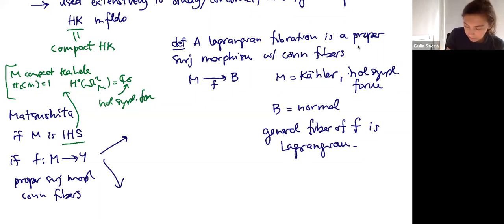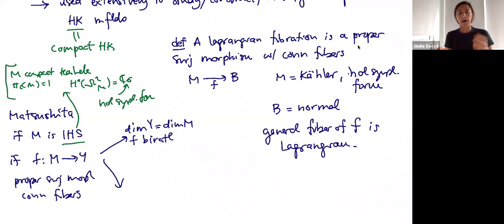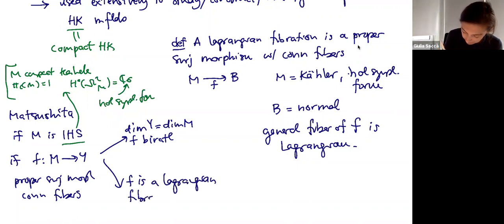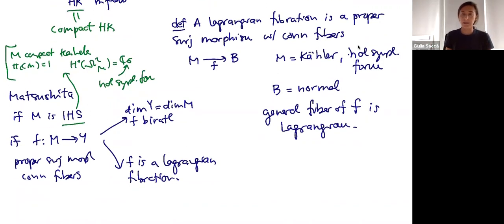Either the dimension of Y is equal to the dimension of M, in which case F is birational. If Y is singular, it's a symplectic resolution, or if Y is smooth, then it's an isomorphism. Or F is a Lagrangian fibration. So there is this dichotomy, which for K3 surfaces is pretty trivial, but in the case of higher dimensional hyperkähler manifolds, it's a remarkable fact.